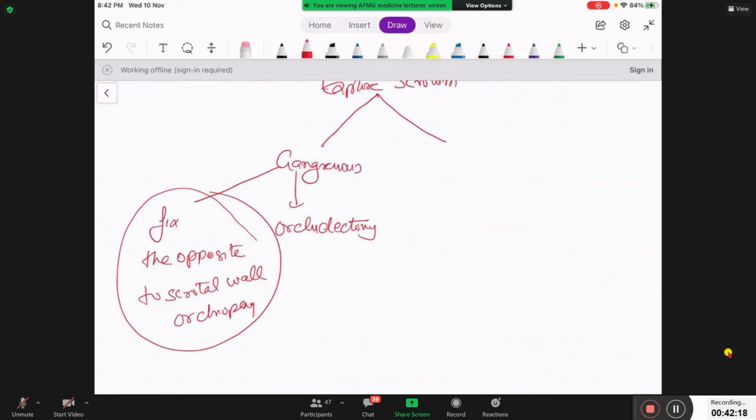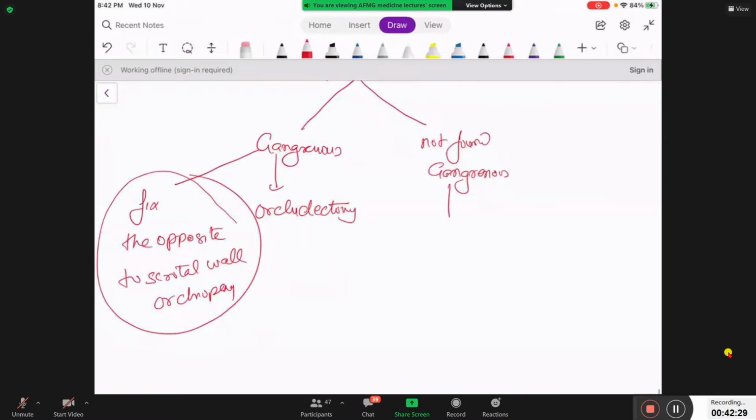But if the testis is not found gangrenous, we will derotate the testis and do bilateral orchiopexy, meaning we will fix both testes. So in a surgery for testicular torsion, we have to fix the opposite testis to the scrotal wall in the same sitting.